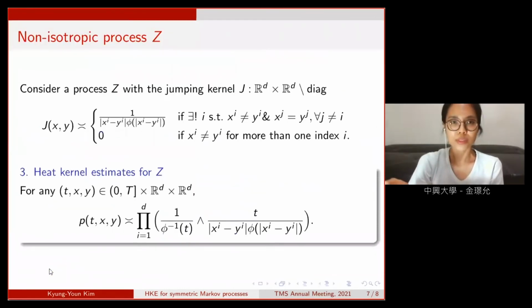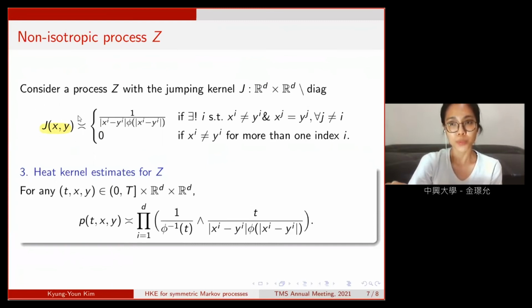And we also consider a new process, which is the non-isotropic process. We first consider the jumping kernel, which is comparable to this function, and it is defined only where the two points differ in only one coordinate.